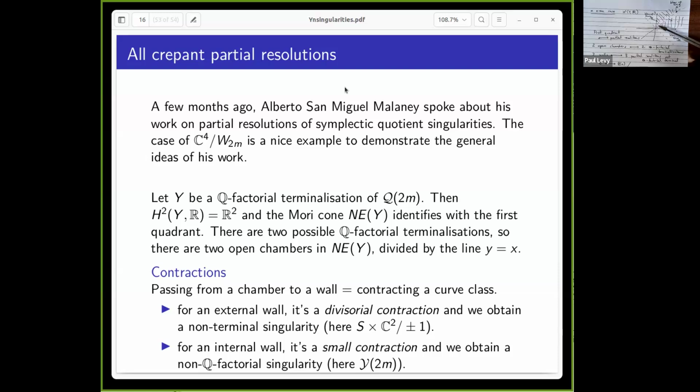Divisorial contractions are where you take a divisor and contract it to a point. That is going to give you something that has a large singular locus. And the small contractions are going to give you something which is not Q factorial. So divisorial contractions move on to an external wall. Small contractions move on to one of these internal walls.